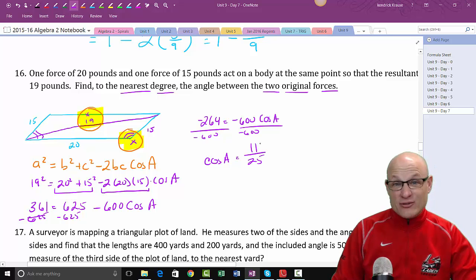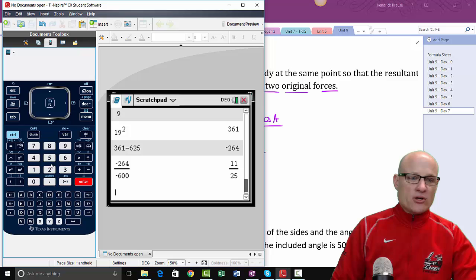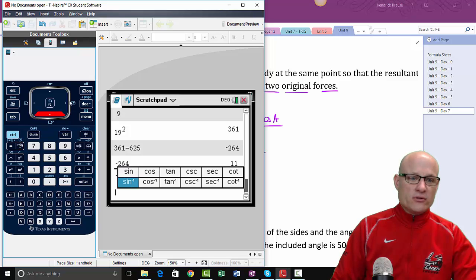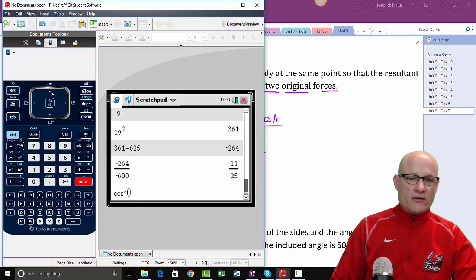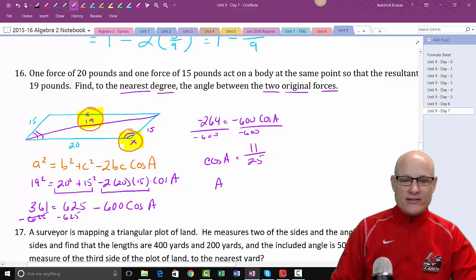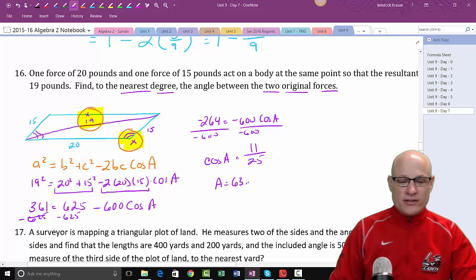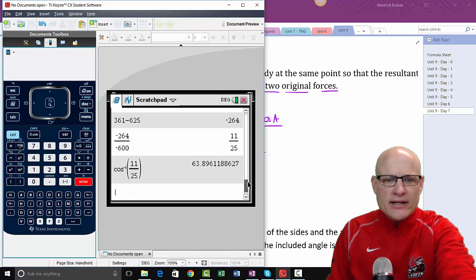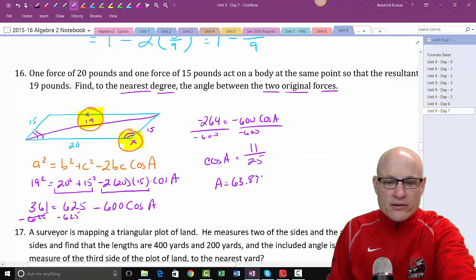Now we're going to do the inverse cosine of that. And I get 63.89611. I want to round it to the nearest degree, so A is equal to 64 degrees.